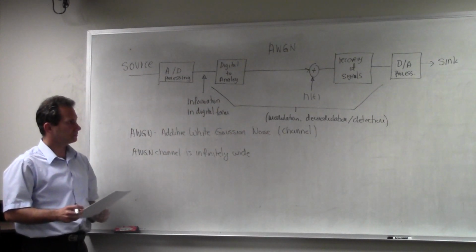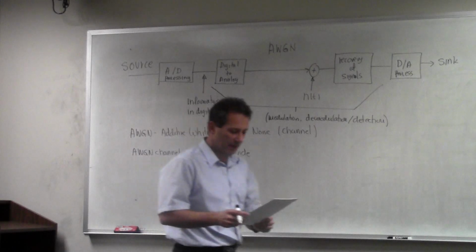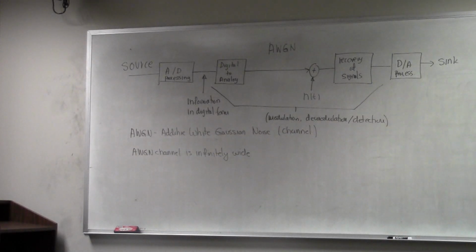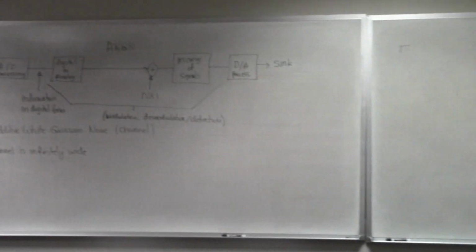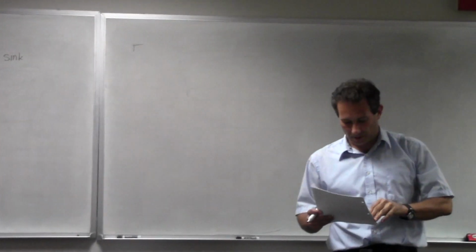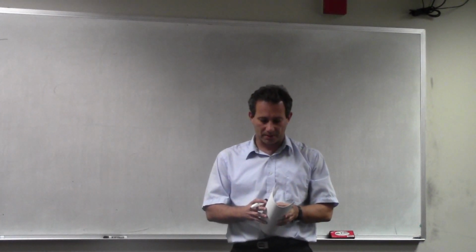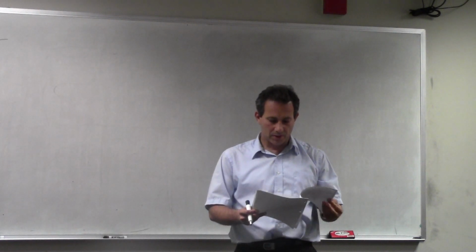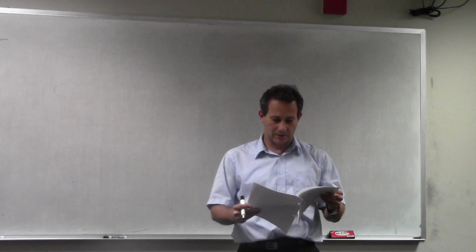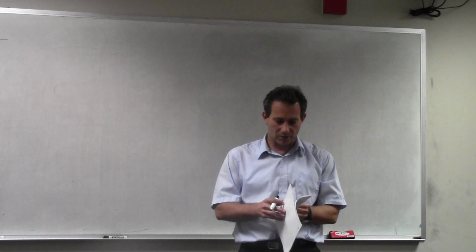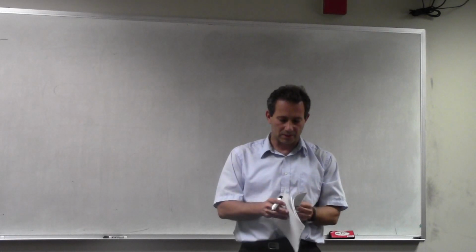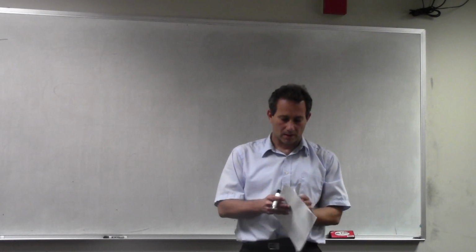Okay. So that's the settings. Before we get to even address this problem, I need to introduce some math here. You might have seen it in communication theory, or in some other classes.